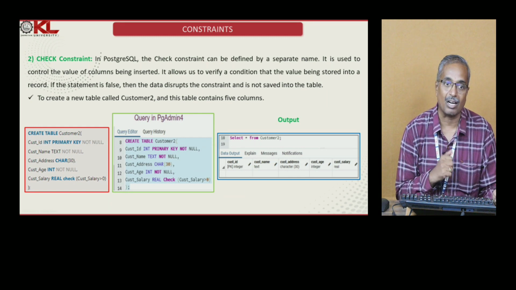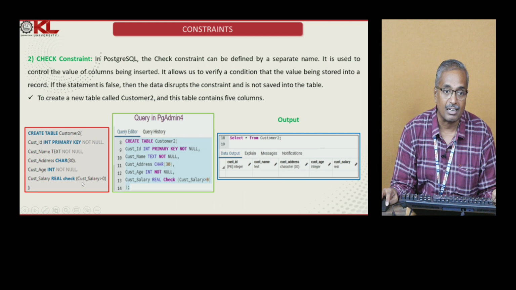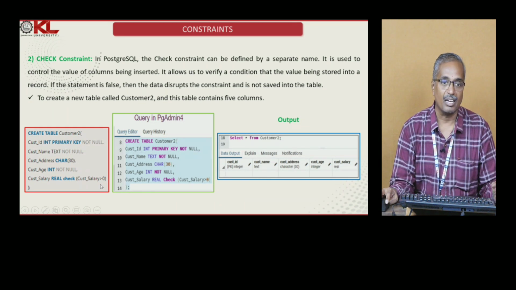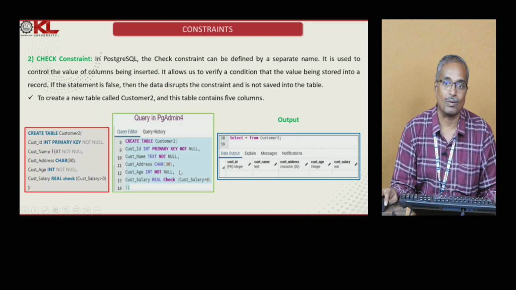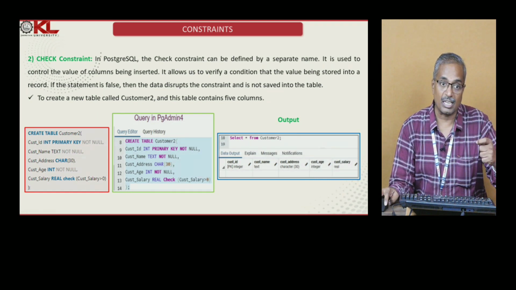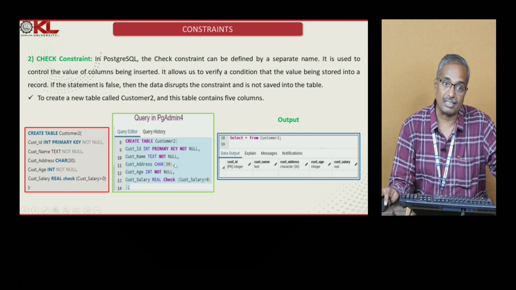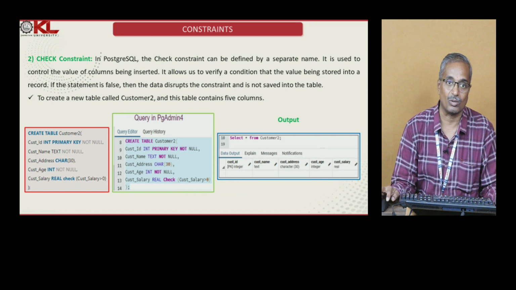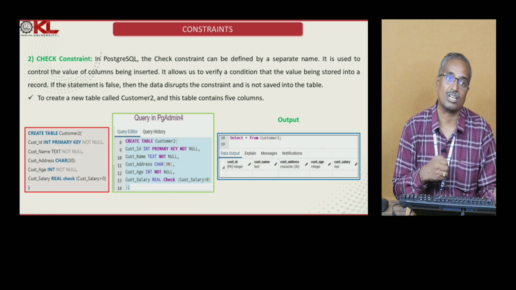Postgres will not accept it, because the constraint you have defined here is that customer salary should be greater than 0. So the user is restricted from storing a salary less than or equal to 0. That is the use of the check constraint.